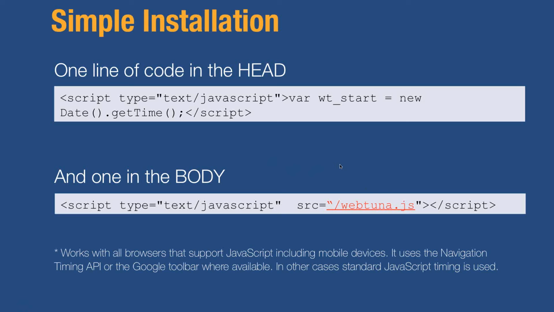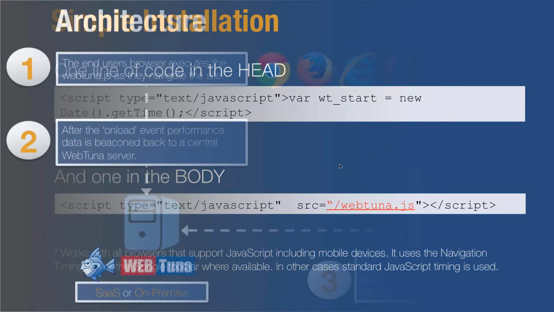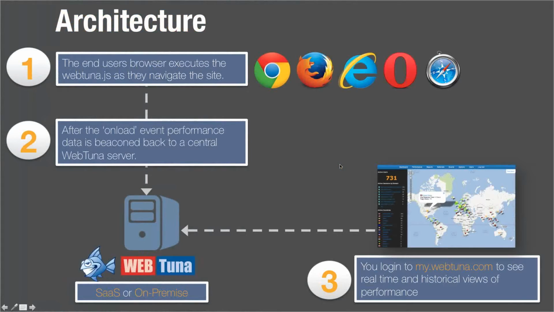So once the JavaScript lines are in place, users navigate through SharePoint as they normally would. The JavaScript gets loaded, and then after the onload event, which signifies that the page load has completed, the performance data is beaconed back to the WebTuna server.